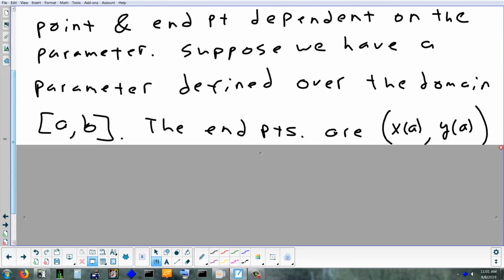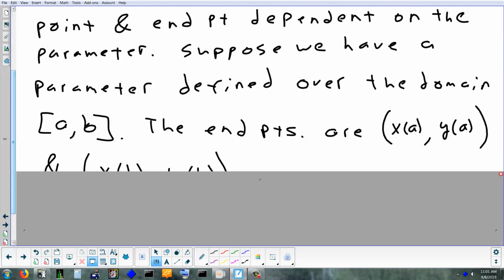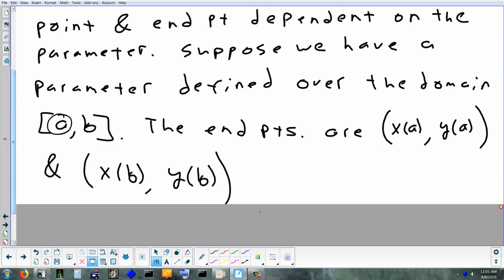You have to find a starting x value and a starting y value. Then you need an ending x value and an ending y value. This number right here controls where your curve is going to start. This number controls where your curve is going to stop.